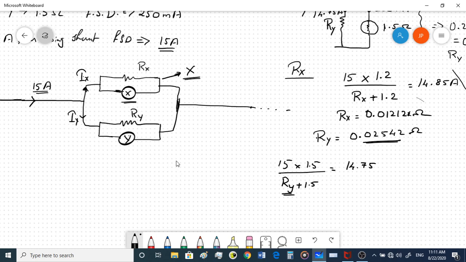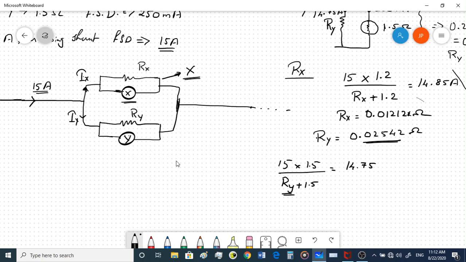So here you can see that there is Ry and Rx. Now what you can do is that you can again apply the current division rule for these two resistances, and you can find the current that is passing through your X ammeter.